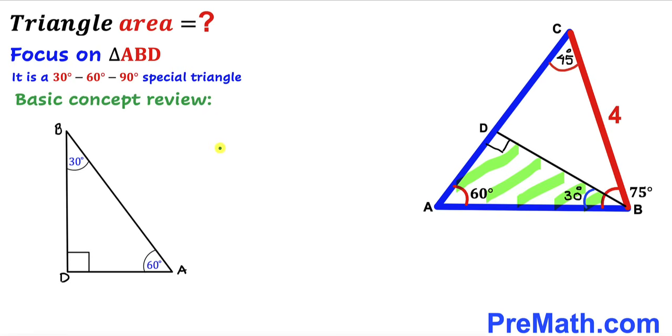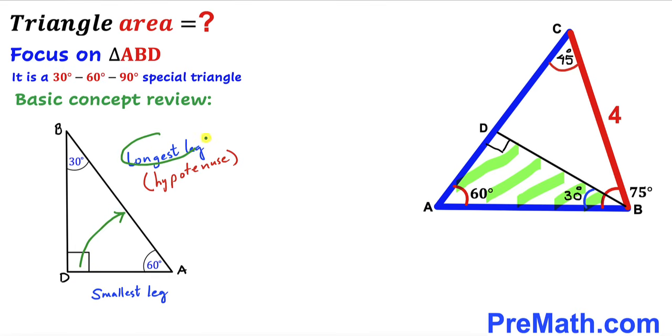Before we proceed any further, let me go over a basic review and focus on this special 30, 60, 90 triangle. Here 30 degrees is our smallest angle, whereas 90 degrees is our largest angle. So the side opposite the smallest angle is our smallest leg, and the side opposite the largest angle is our longest leg, also called the hypotenuse.